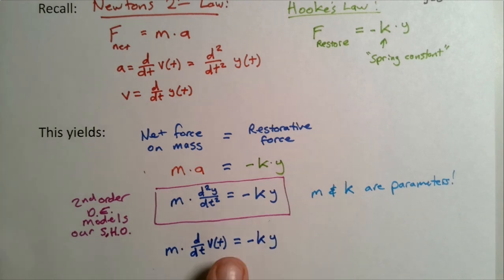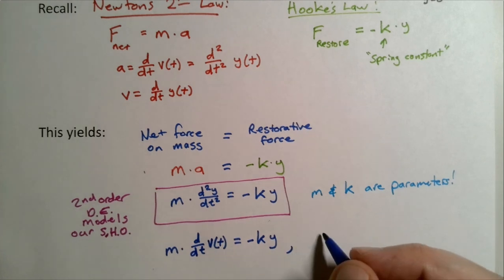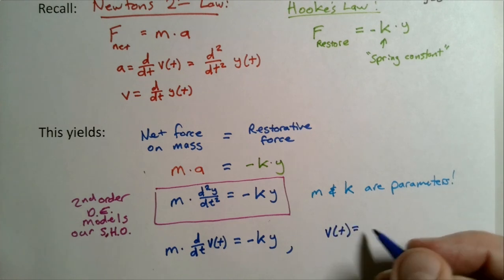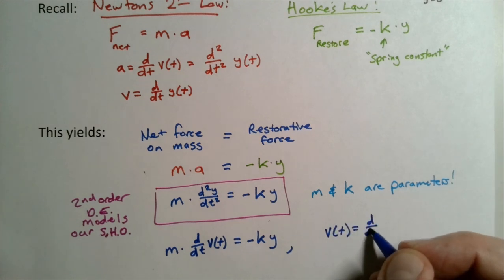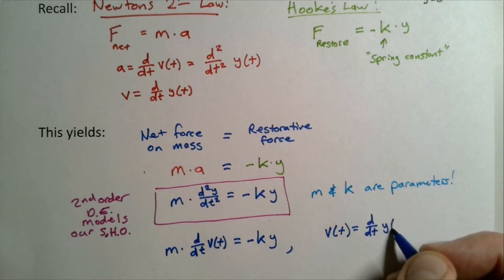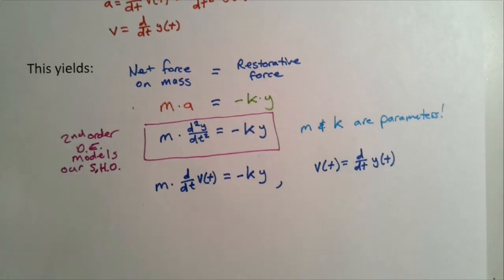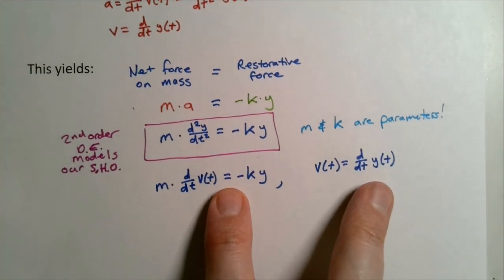And the other thing that we know is velocity itself is equal to the first derivative of position. So what we have now is the beginnings of a system of first order differential equations.